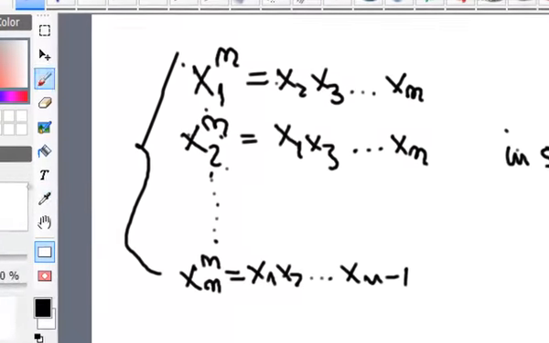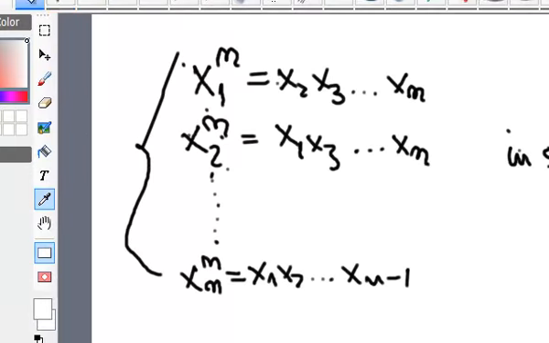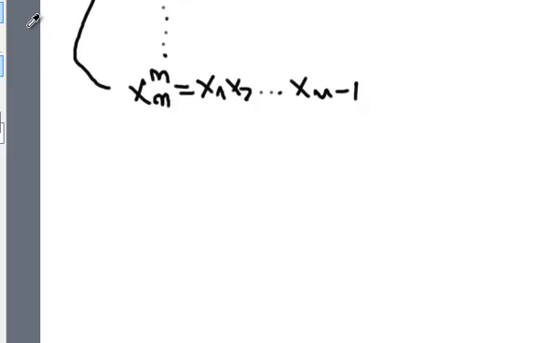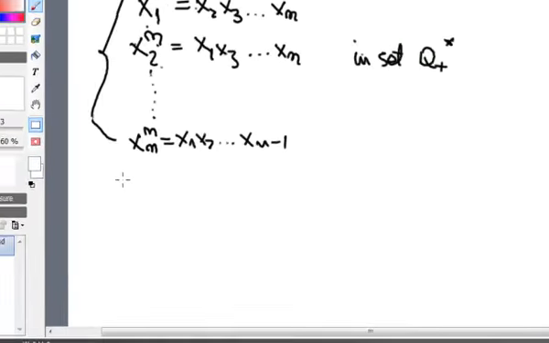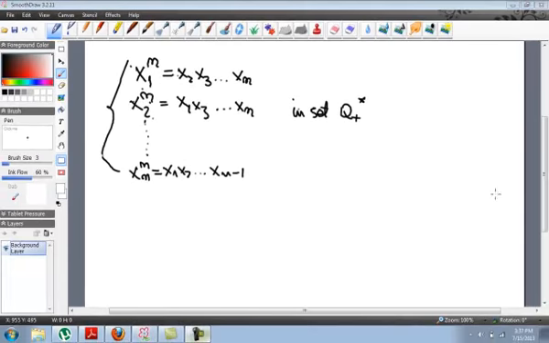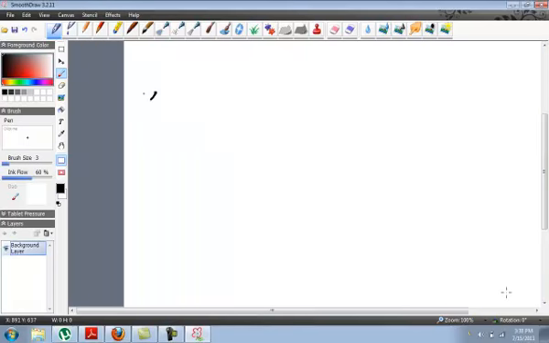Okay, the next type of equations is this one. Let's continue with equation number 3.